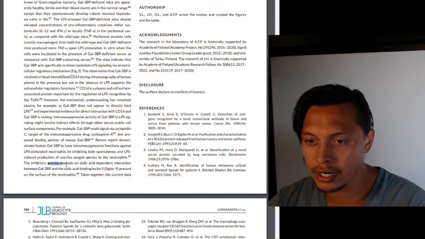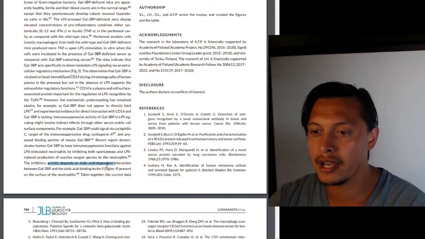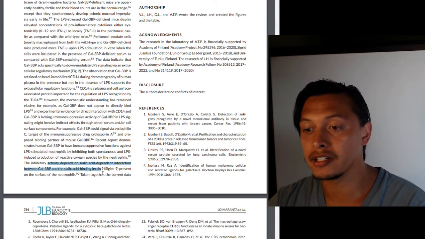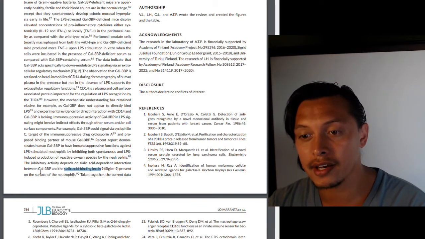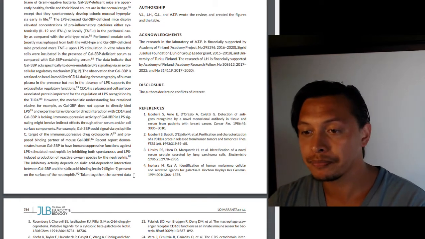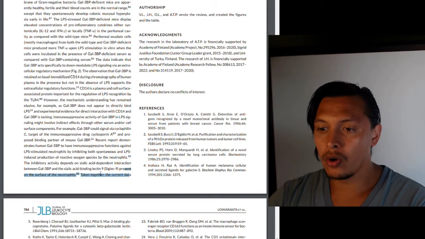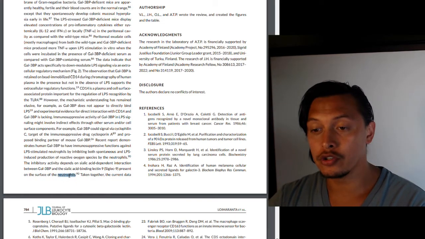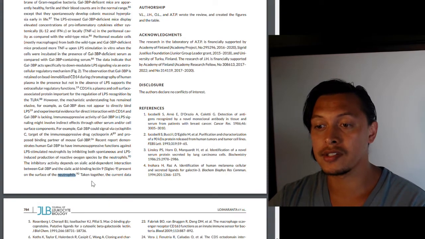The inhibitory activity depends on sialic acid-dependent interactions between Gal3BP and the sialic acid binding lectin-9. So sialic acid binding lectin-9 will bind to the sialic acid that is on this Gal3BP, and this is also present on the surface of neutrophils. So these neutrophils will have this Siglec-9.